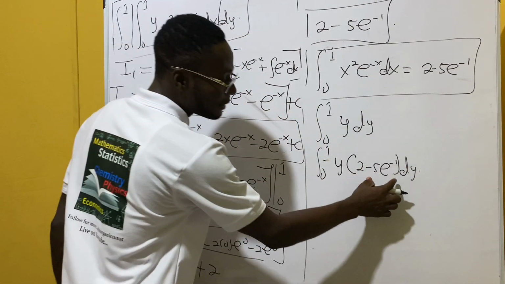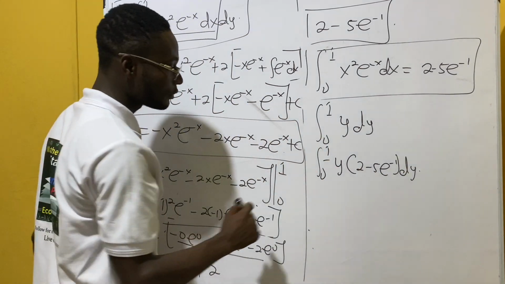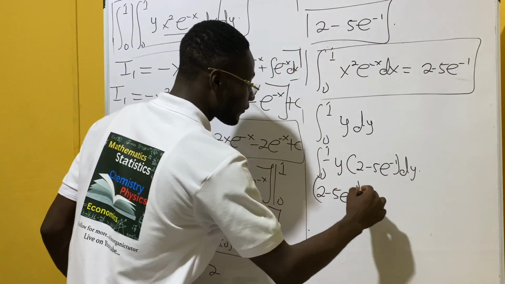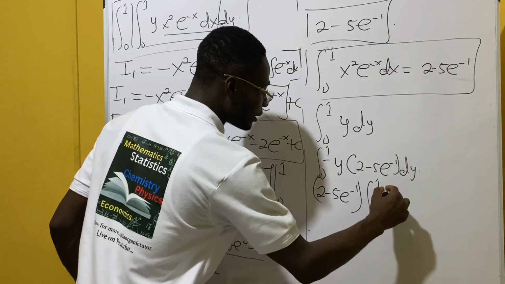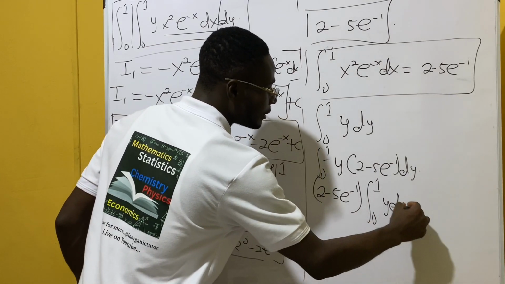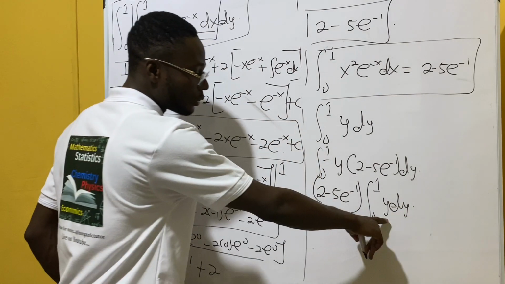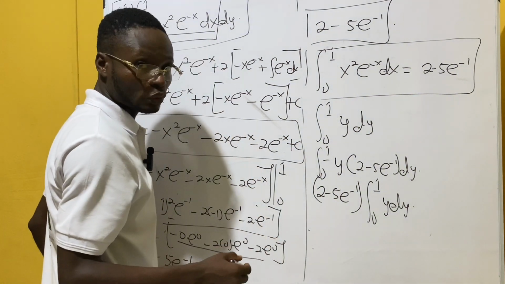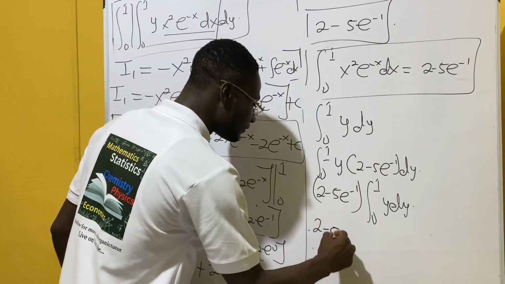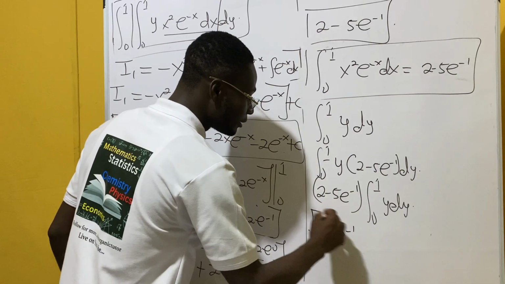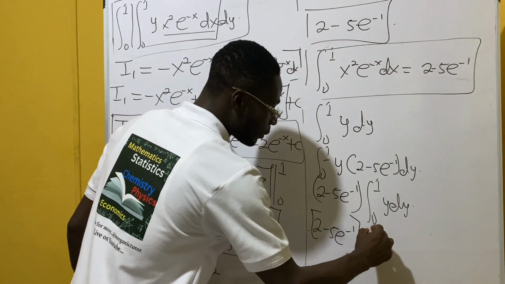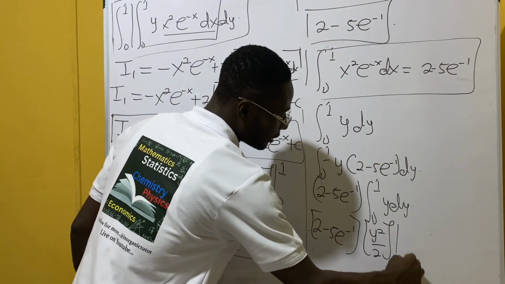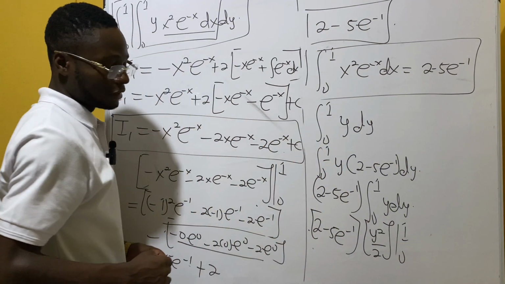We factor out the constant: 2 minus 5 e power negative 1 times the integral from 0 to 1 of y dy. The integral of y dy is y squared on 2, so we have 2 minus 5 e power negative 1 times y squared on 2, from the limit 0 to 1.